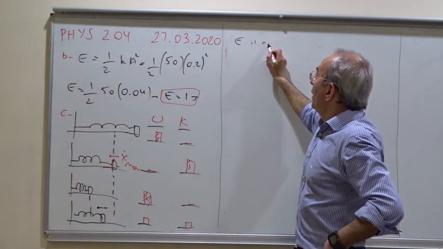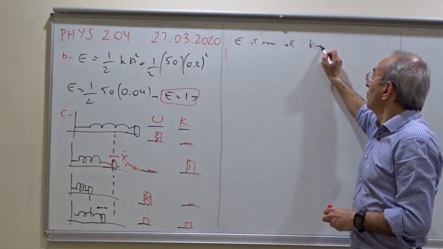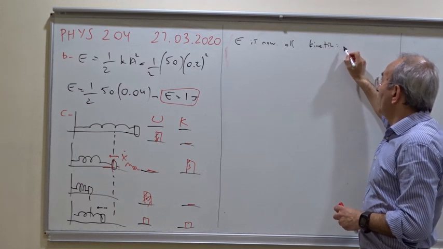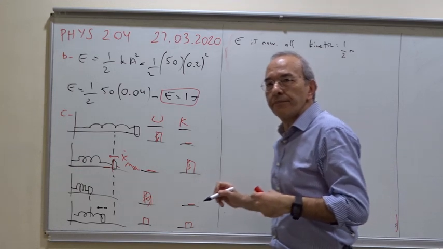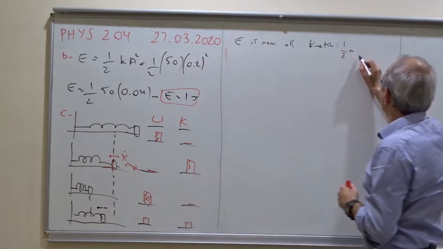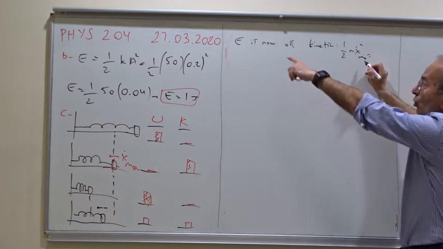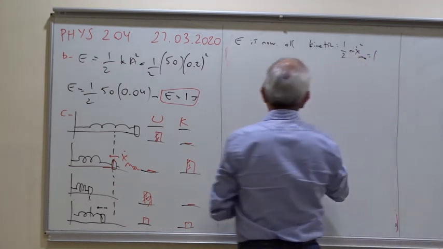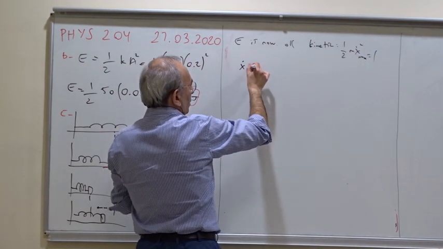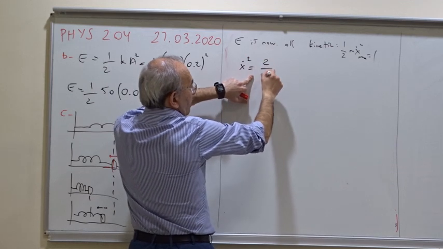E is now all kinetic. So 1/2 m v squared, but we don't say v, we say x dot maximum squared, which is totally 1 joule. Mass is known, so x dot squared will be 2 over m.